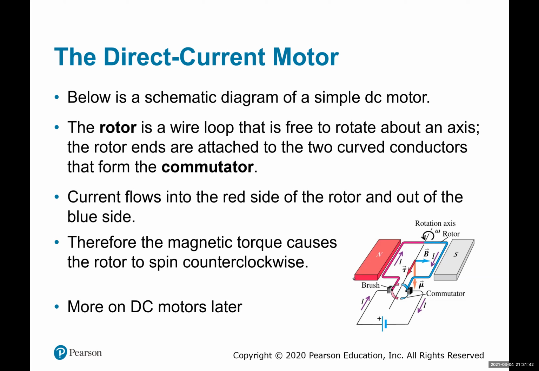The commutator functions once we get to the point where we would have felt enough torque to be going back the other way: it switches the polarity, changes the orientation of the current.